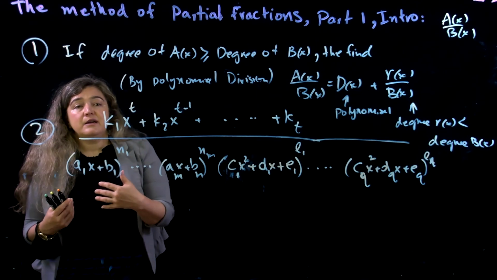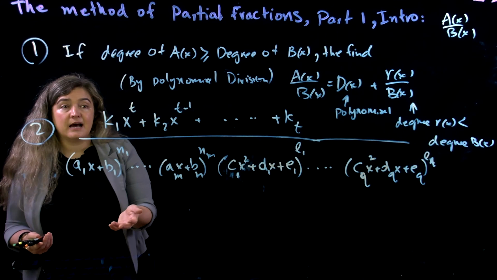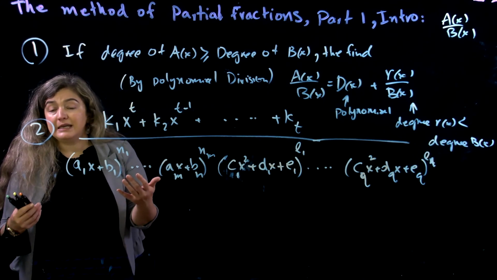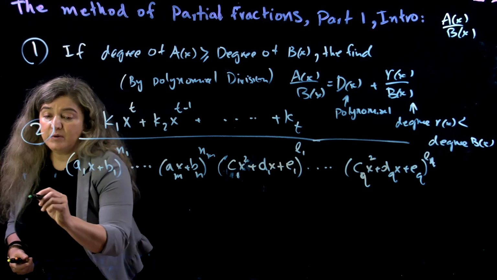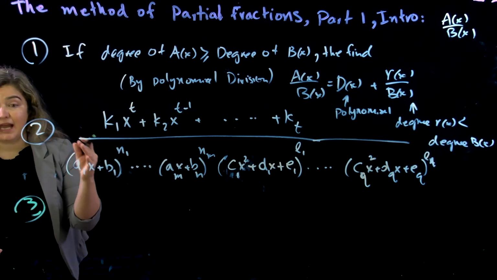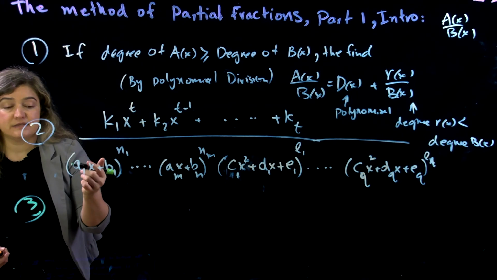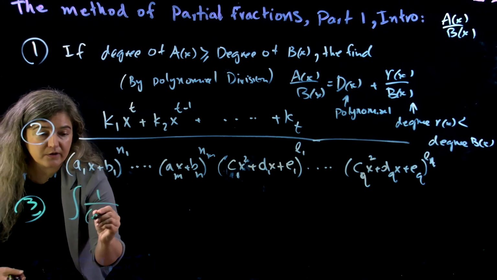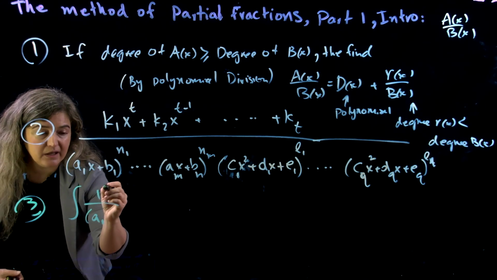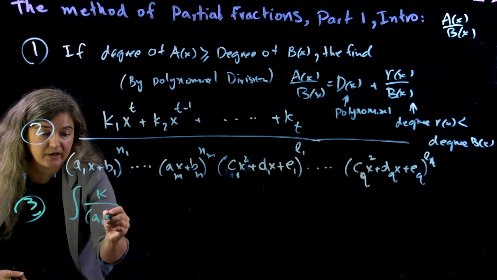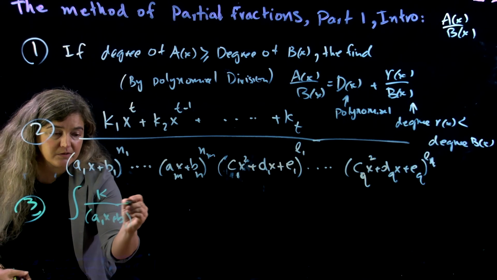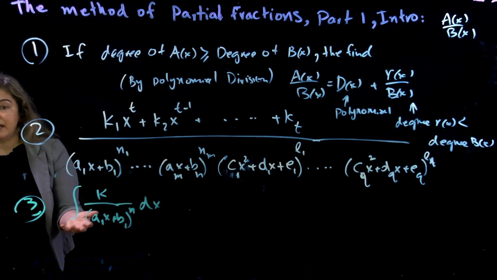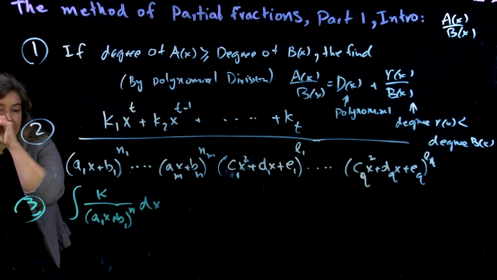Now, the funky part of this is that what we want to do in the next part is to use the fact that we can integrate these functions. I can integrate k over a1 x plus b1 to the power n dx. This is going to be a natural log, and I know how to integrate that one.